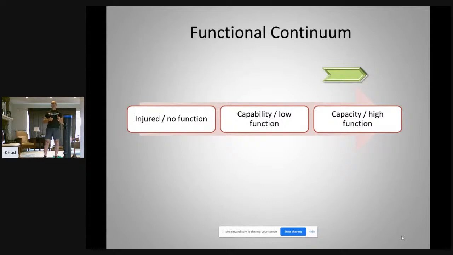So our function might be relatively low for a number of different reasons, but it usually basically means that we've been vibrating at a relatively low level, either due to injury or due to inactivity. So the result is that we have to take the approach that we're working from low function and hopefully progressing our way to high function.